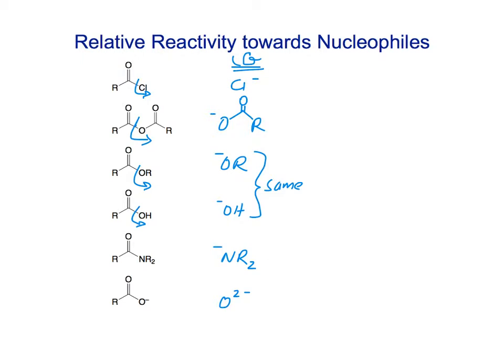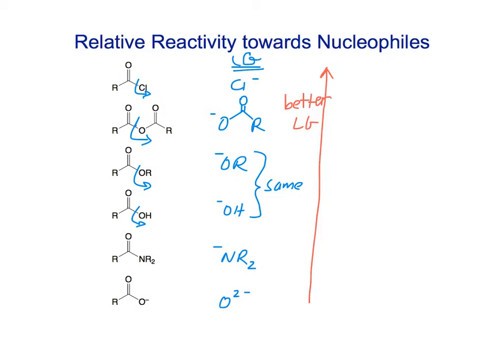Otherwise, if we go up this way, we are going to a better leaving group. So based upon leaving group ability, the acid chlorides will be the most reactive, and the carboxylate anions would be the least reactive.